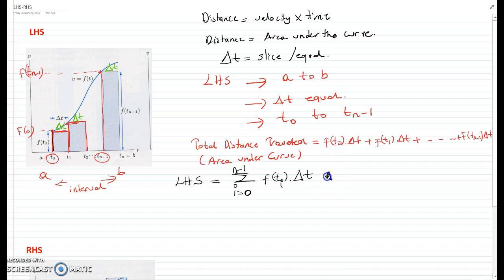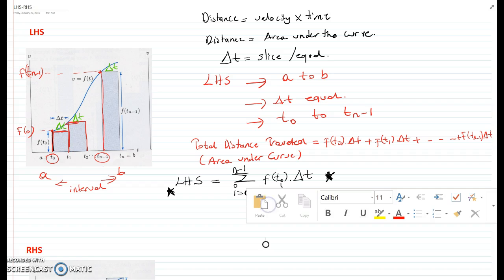So this is one thing you need to remember with the approximation. But with the left-hand sum, we're omitting those little areas here. We're not taking that into consideration.